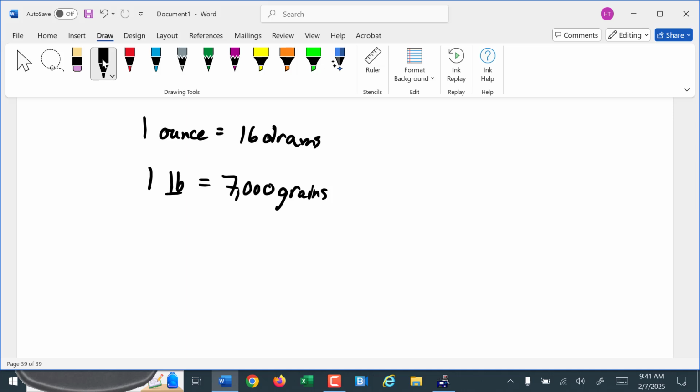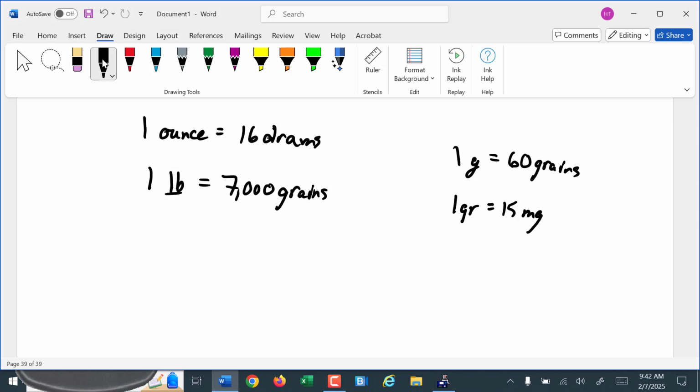It is one that was common enough that it got absorbed in the metric system. Not well, but they did absorb it into the metric system, where 1 gram equals 60 grains, and 1 grain equals 15 milligrams. If you do the math there, 60 times 15 is 900.